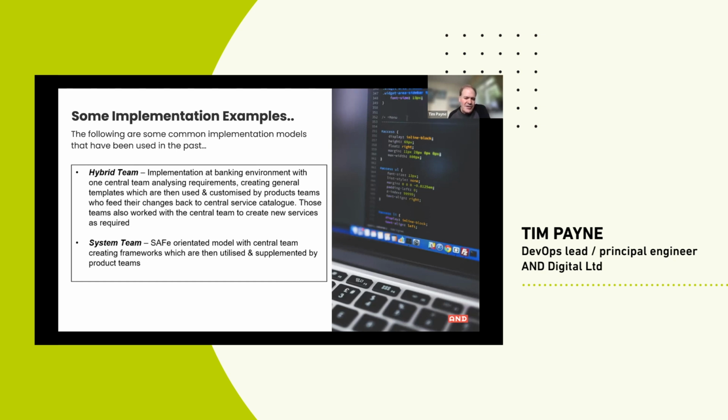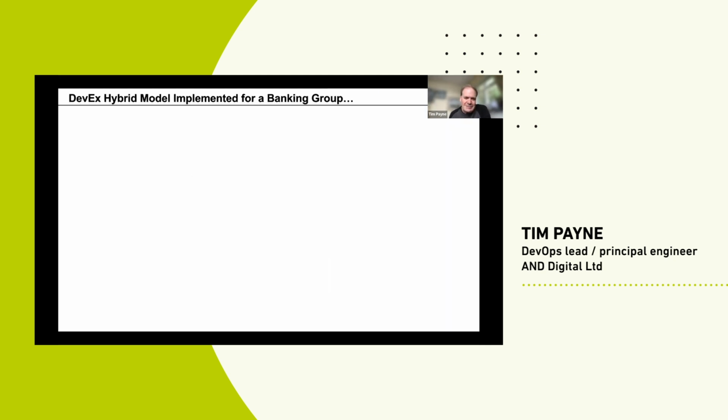And the second approach is what we call a system team approach, or an enablement team, which comes from a SAFe orientated model. If you're familiar with SAFe, I'll discuss SAFe in one or two slides, but basically it's a model for working in agile using a large scale delivery approach or mindset.